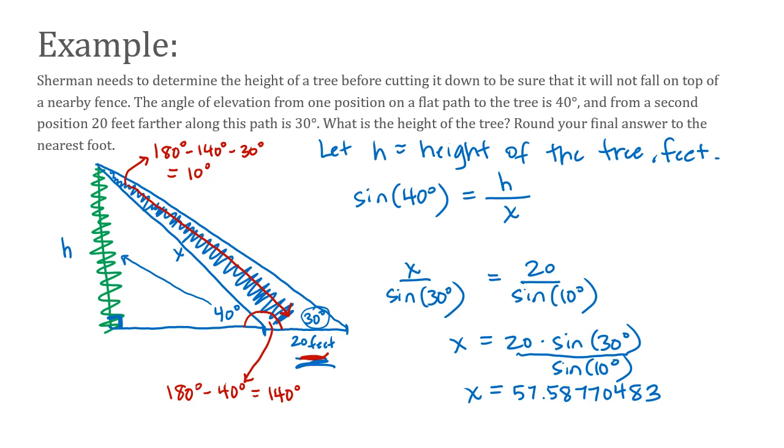That is simply the thing that I'm going to use to substitute into my SOHCAHTOA. So the sine of 40 degrees is equal to h over approximately 57.6. Now, of course, I'm not going to use the 57.6 in my calculation. I'm going to use the full number.